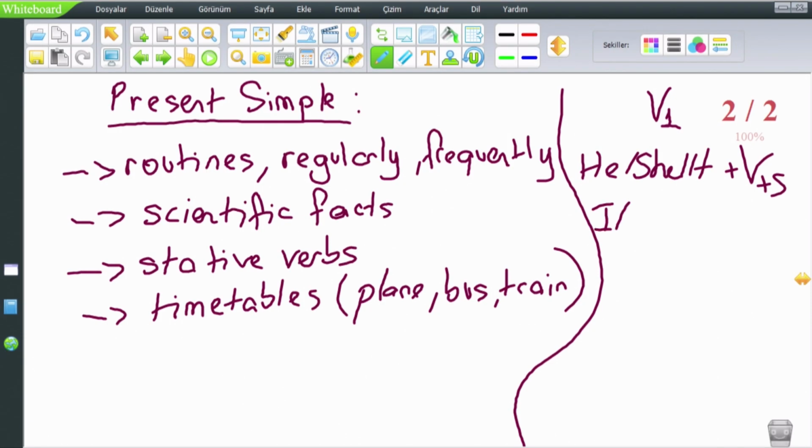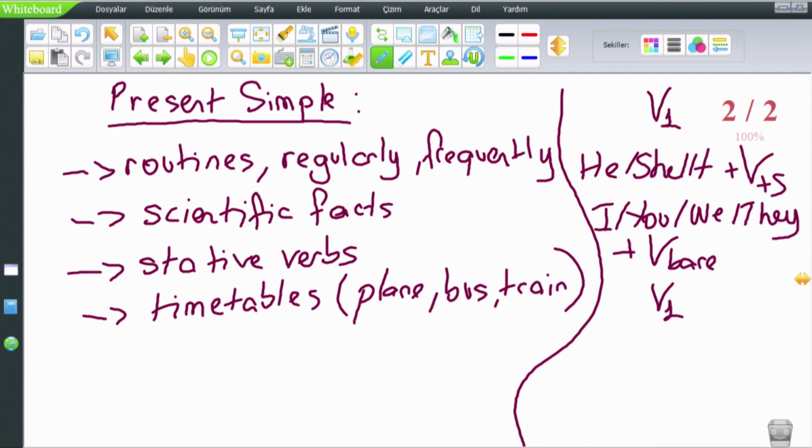And then, if I am creating a sentence using I, you, we, they as the subject of the sentence, I use the base verb, which is, we can say, verb 1. This is the affirmative sentence form we use in present simple.